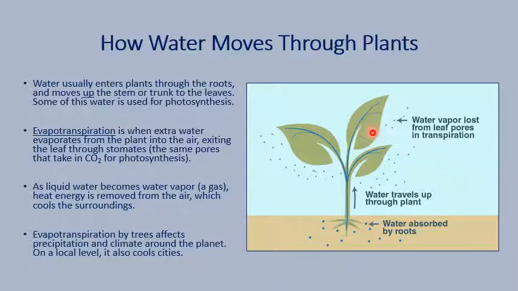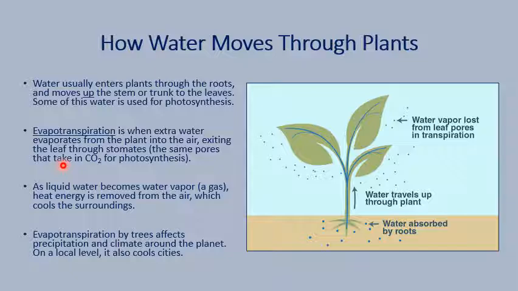And as we saw in the previous slide, oftentimes the water gets used for photosynthesis. But there's also quite a lot of water that never gets used in photosynthesis, and that water is lost from the leaf pores through a process called transpiration, also known as evapotranspiration.